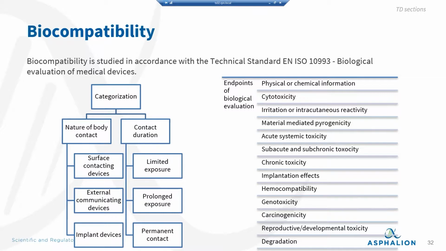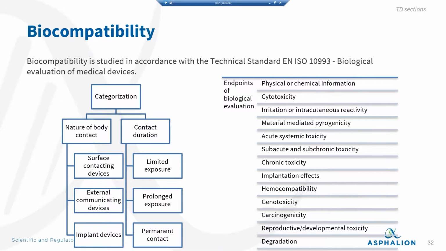It's quite similar to the classification according to the rules of the MDR, like saying if your device is invasive or not, but it's not the same. This classification according to this ISO is just used for biocompatibility. It's not used for the classification of the device. There are two different concepts. For the classification of the device, you will follow the rules of the regulation, and here for the biocompatibility, you follow the guidance of this technical standard.